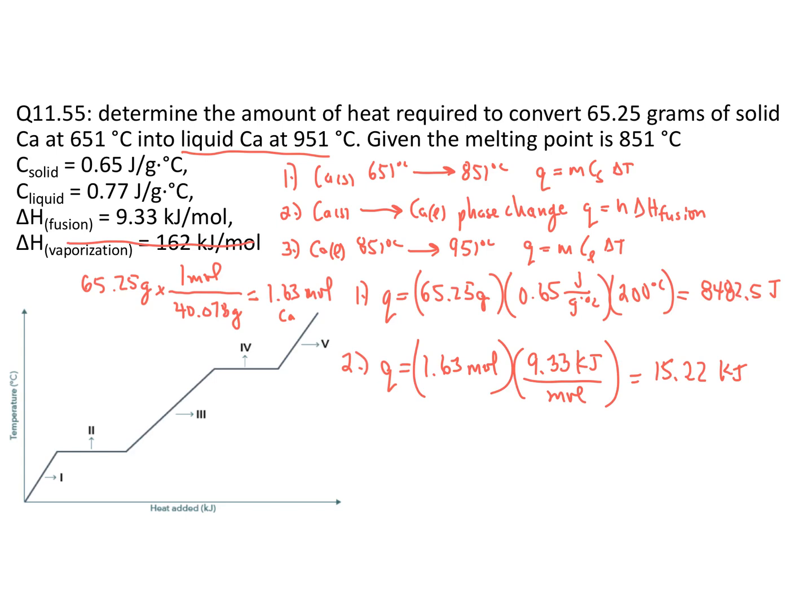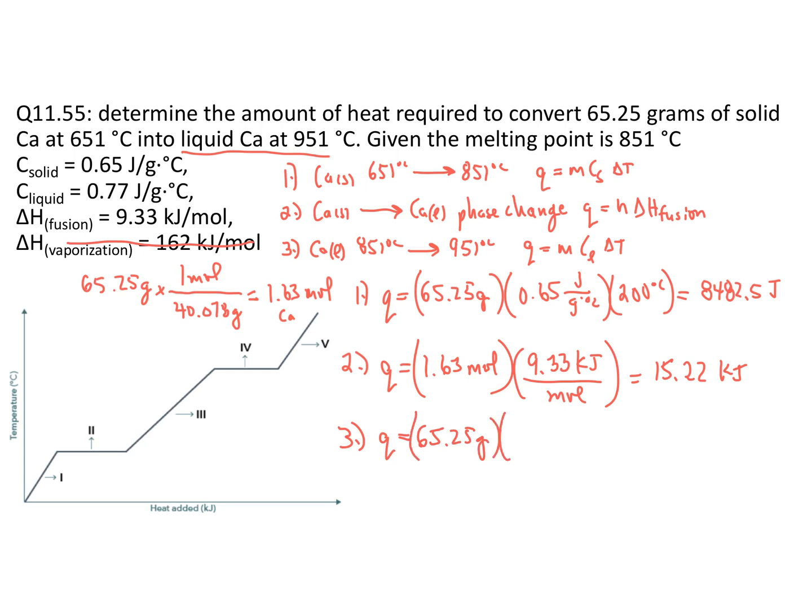Now I've gone through the phase change. Now I have liquid calcium. Now I need to take that liquid calcium from 850 all the way up to 950, so one more 100-degree temperature change. My mass is still 65.25 grams.